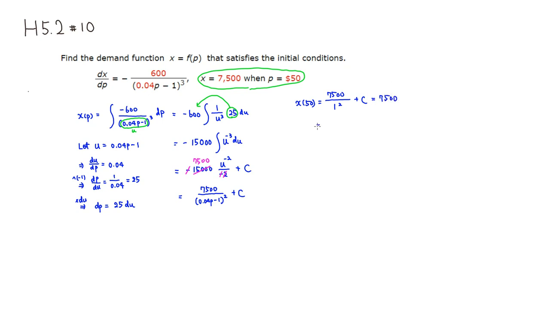All we have to do is subtract the 7,500 to find c, but c came out to be just 0. Therefore, x of p is equal to 7,500 over quantity 0.04p minus 1 squared.